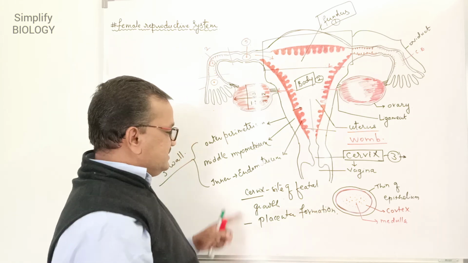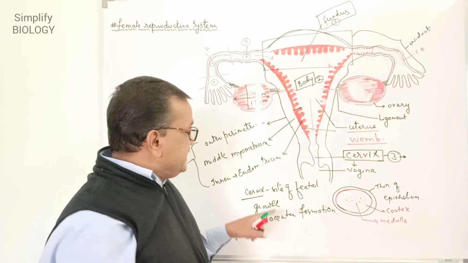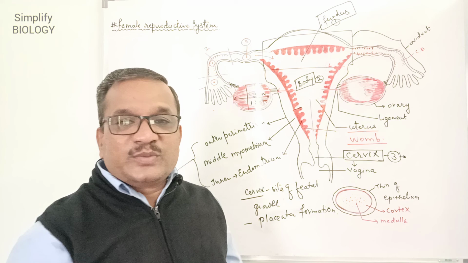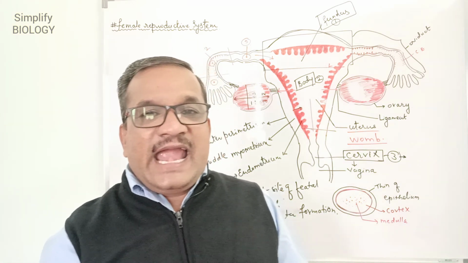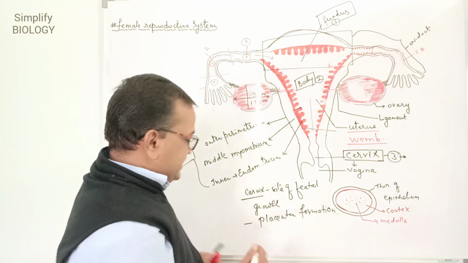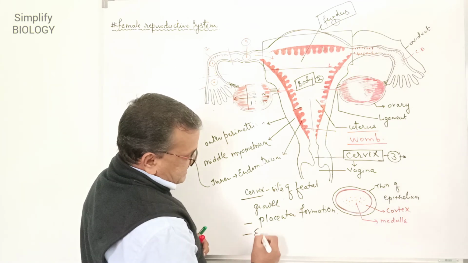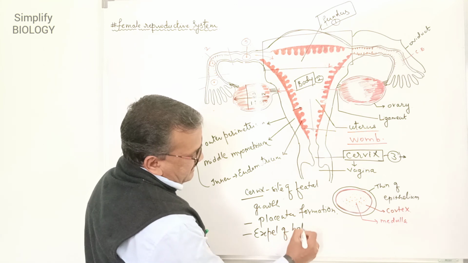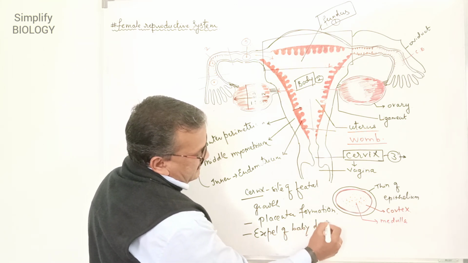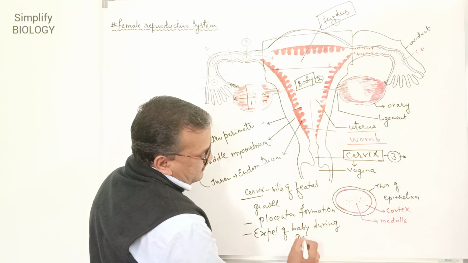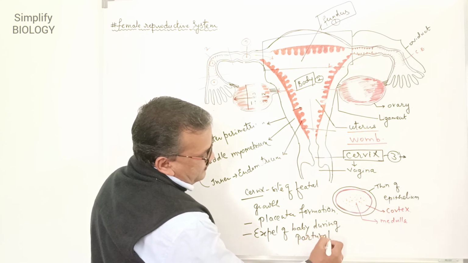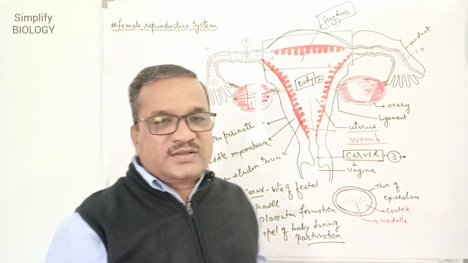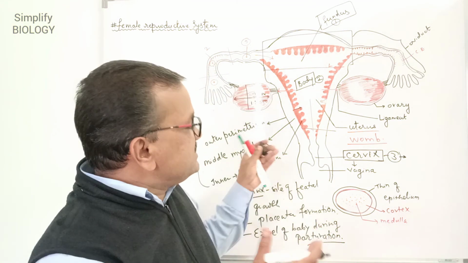So the first function is the site of fetal growth, the second is placental formation, and the third function is expulsion of the baby during parturition. Parturition is the process by which the baby comes out from the uterus.